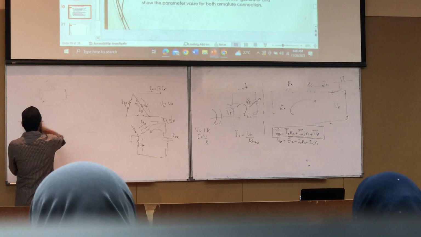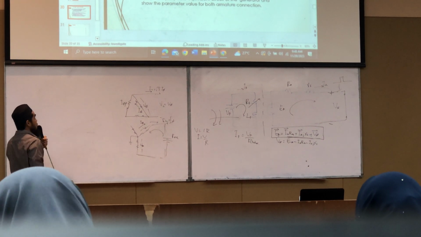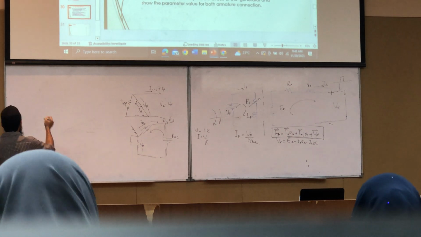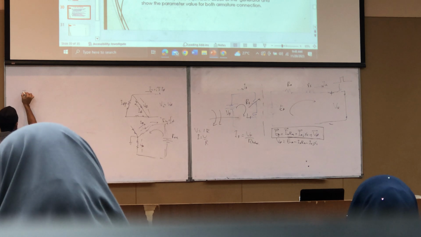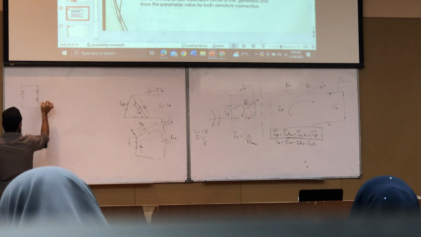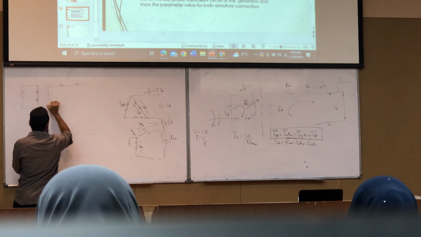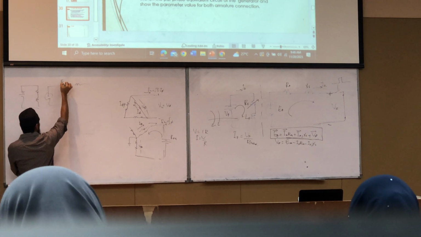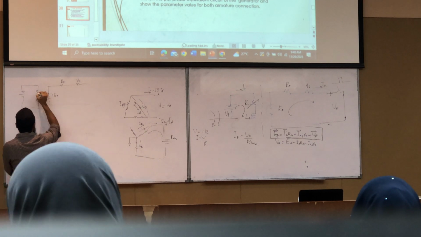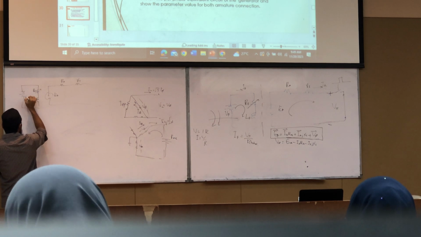Sometimes when you step into an exam hall, the thing you don't know is what to start with. So my advice, start with drawing. Draw your circuit, start with your field circuit, then your armature circuit. There are only a few components involved, which are RA, jXS, EA. So you have your RF, LF, VF.